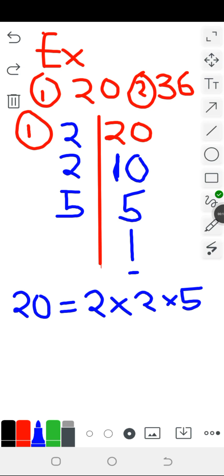We go 2 times 2 is 4, and 4 times 5 is 20. So we say that 2 times 2 times 5 are the prime factors of 20 using the long division method.